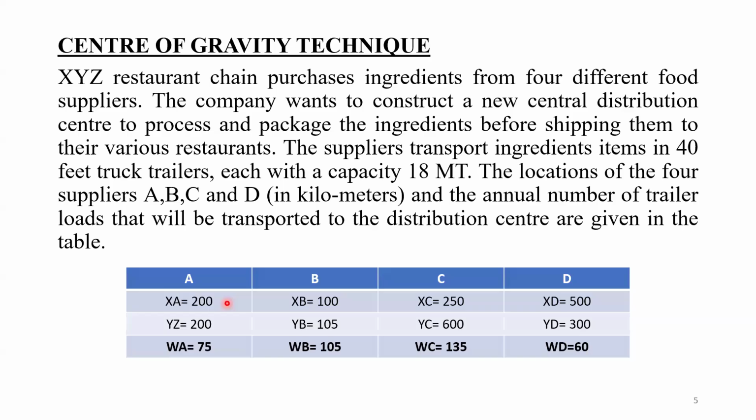For example, site A has a weightage of 75, B has 105, C has 135, and D is 60.